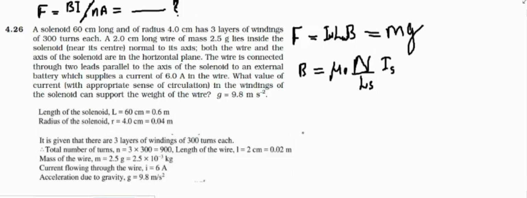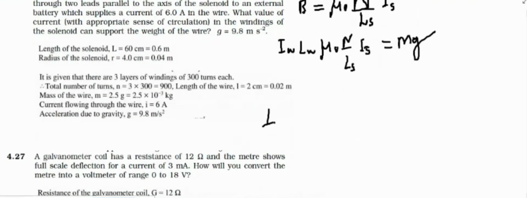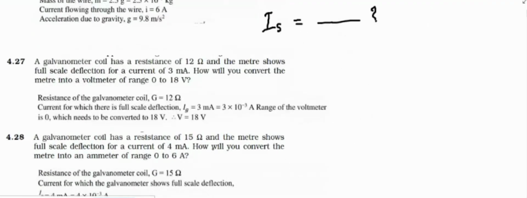Now substitute the value of B in the formula. You will get Iw Lw mu naught N upon Ls into Is is equal to mg. Now cross multiply the equation for Is, substitute all values in SI unit, you get the answer.